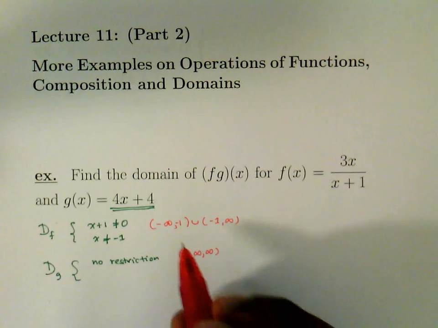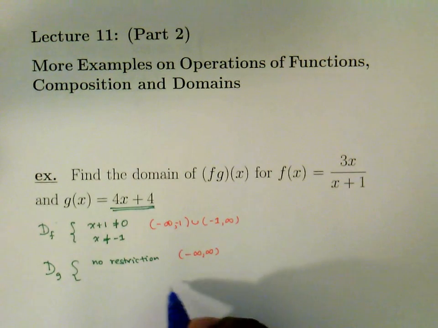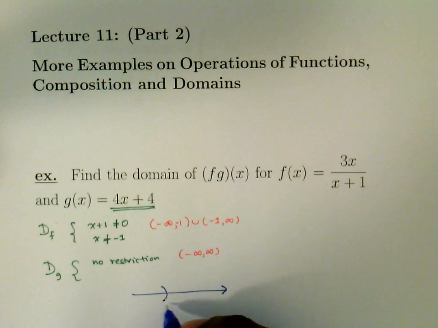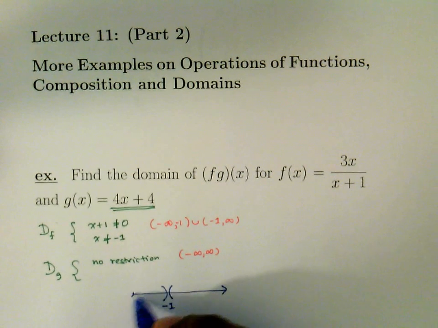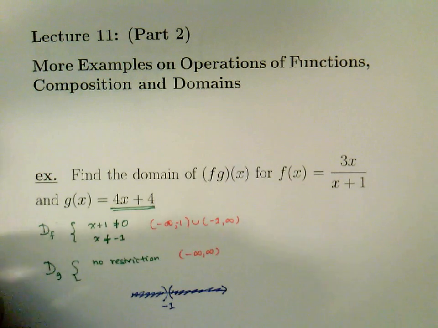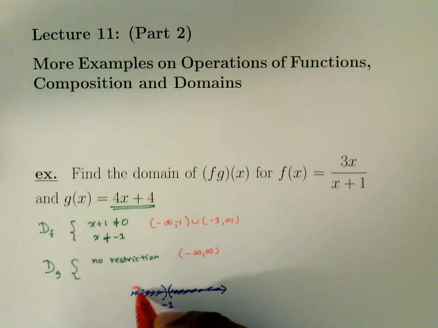Now, the domain is this and this. So the intersection, let's just draw things in different colors. The domain of f, I would do in blue, so that would be everything but -1 in blue here and here. And the domain of g in red.